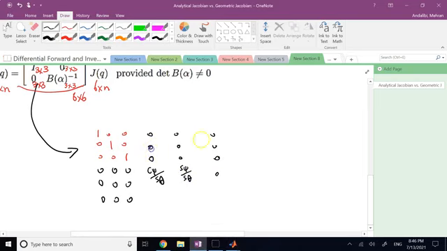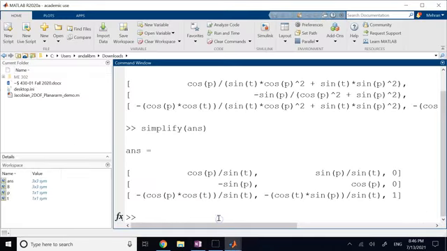And then you have what? Negative sine psi, cosine psi, 0.